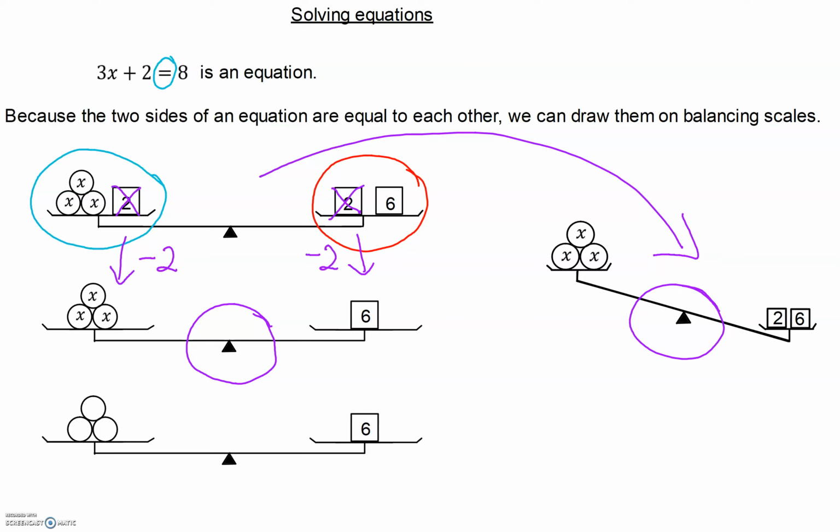We've got 3 balls that are worth x, but what I actually want to know is what each of those x's is worth. And you can see that if we make each of these balls worth 2, they will then be in perfect balance with the 6 on the other side. And so the value of our x must be 2.